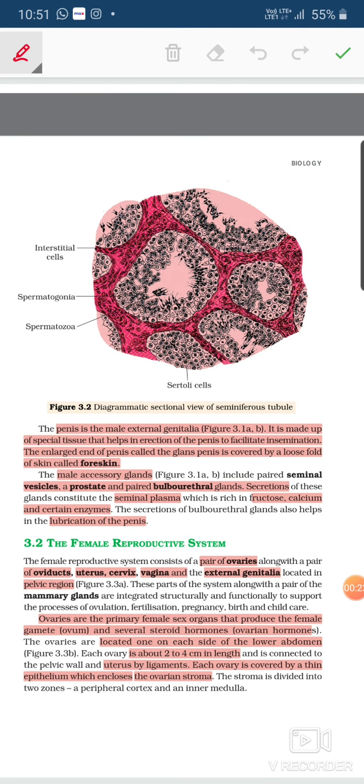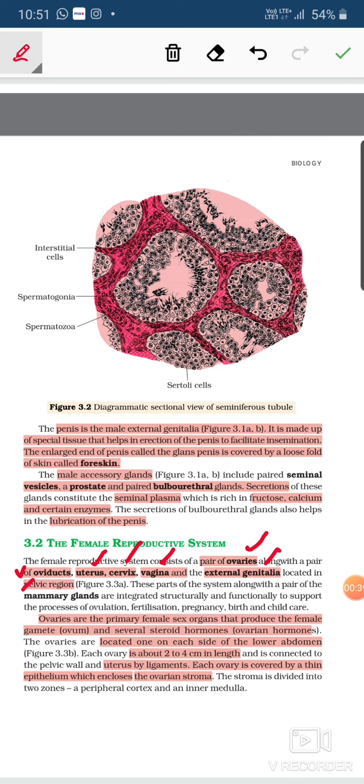These are the major parts of the female reproductive system: a pair of ovaries, oviduct, uterus, cervix, vagina and the external genital. All this is located in the pelvic region.